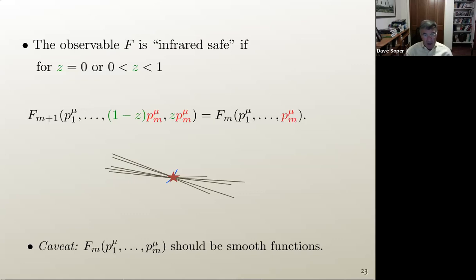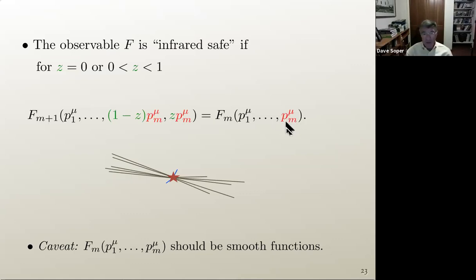And the criterion that I want to have is that the measurement function when two partons become collinear is the measurement function for one fewer partons, Fm, with just Pm instead of these two momenta. So that's in the limit: Fm+1 at the limit of collinear or soft emission is Fm with that substitution.